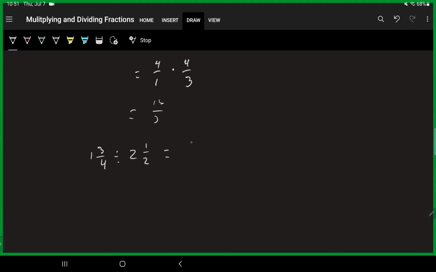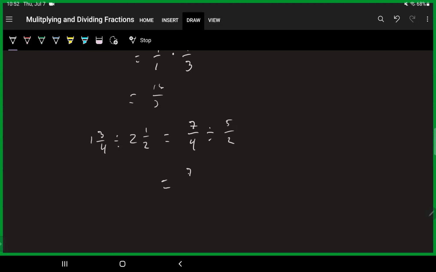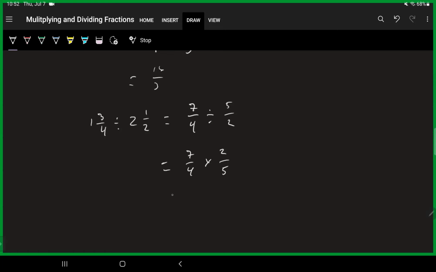So 4 plus 3 is 7/4 divided by 4 plus 1 is 5/2. 7/4 times 2/5. And I recognize I can do a simplification here, 2 and 4. And so I'm going to get 7/10 as my overall answer. And that there is our crash course in multiplying and dividing fractions.